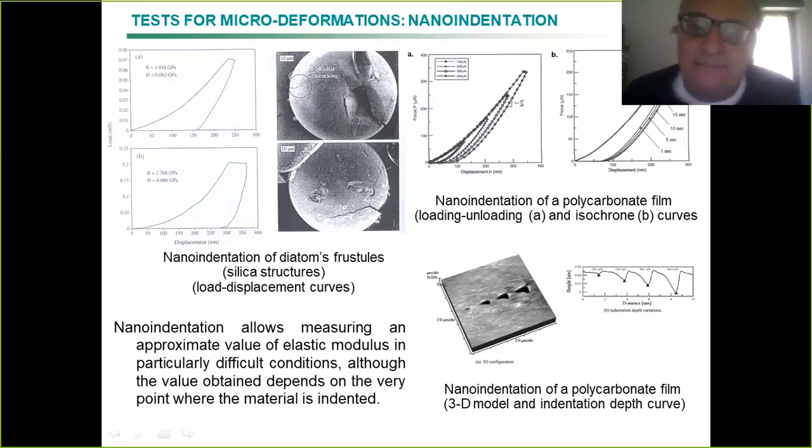But usually, if you pull at different velocities, you get different results. Here, in this case, they have also stopped at different loads, and they have reversed it to study the hysteresis cycle. So how much energy is really absorbed by a material.